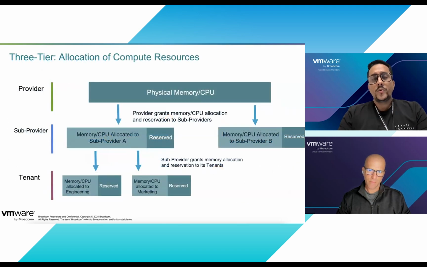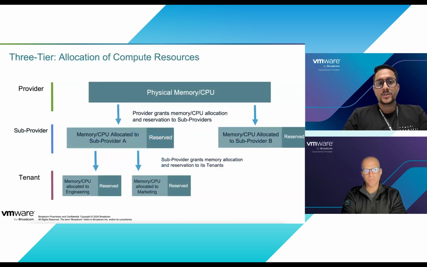Now, what do we carve out for them? Of course, resources. So this is an example where we are carving out the compute resource, where the provider has the entire set of PVDC resource, which they have control, and then they can carve out certain amount of physical CPU and memory for the sub provider.